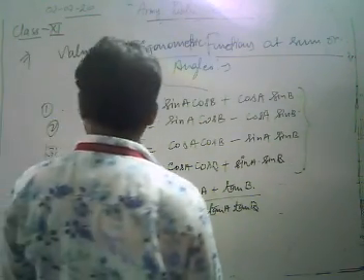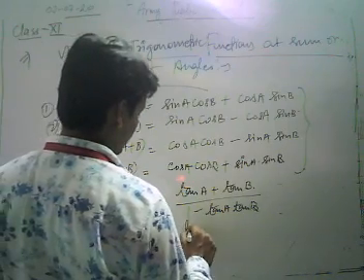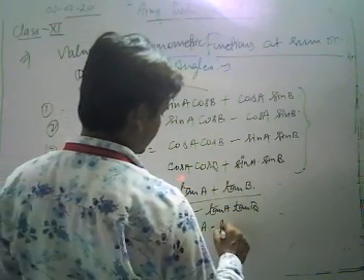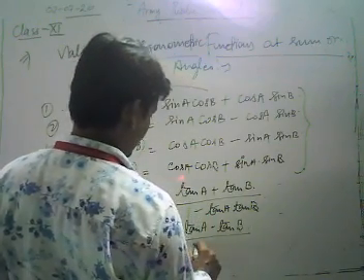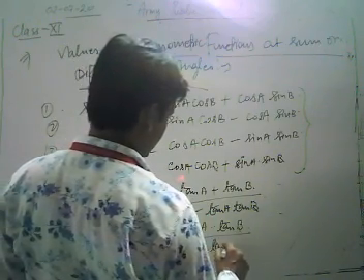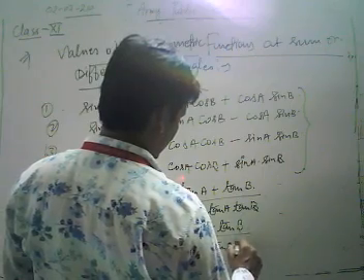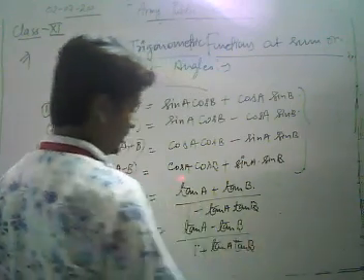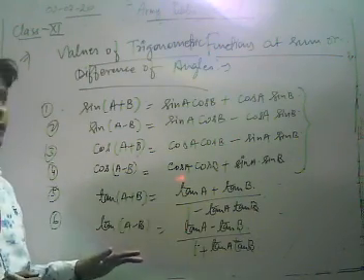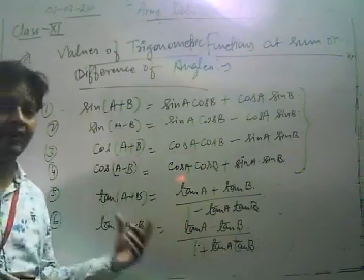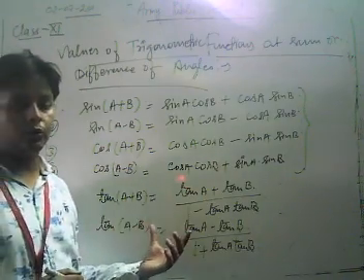The formula of tan(a minus b) is tan a minus tan b upon 1 plus tan a tan b. These are very important trigonometric identities at sum or difference of angles.